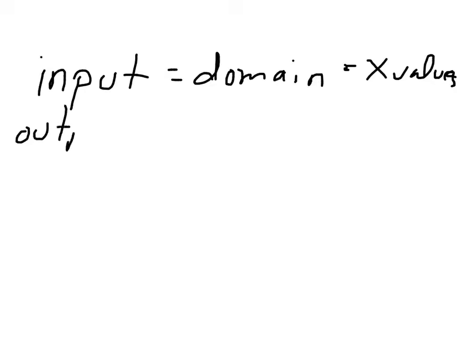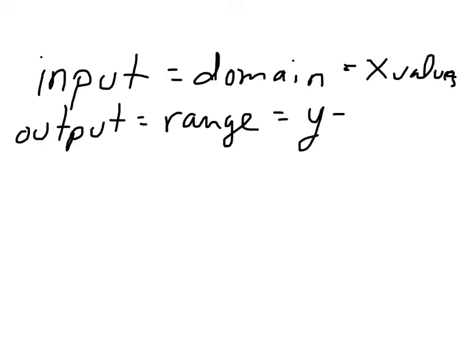Output equals range, which equals the y values. So on that last problem, they said, having -7 as an output, what was its input? When they say output, they're telling you that's the y.